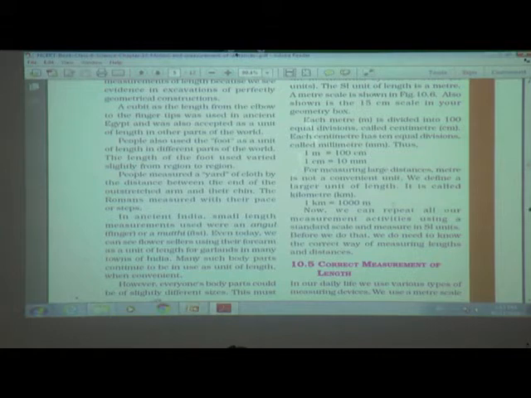Now we can repeat all our measurement activities using a standard scale and measure in SI units. Before we do that, we need to know the correct way of measuring lengths and distances. So students, all these activities, 10.1 and 10.2, you can measure with a standard unit. So before that you need to know how to measure correctly.